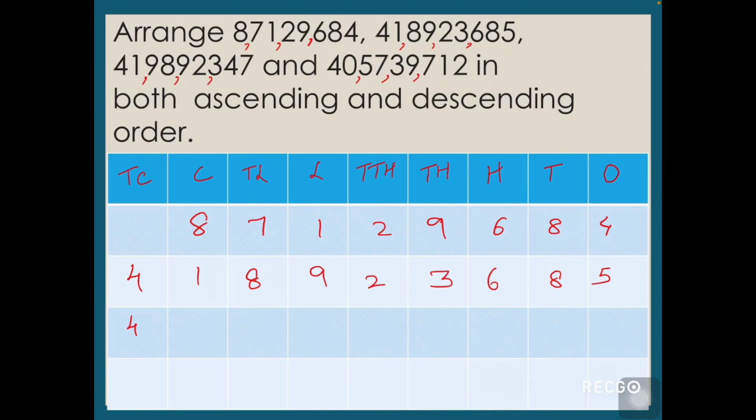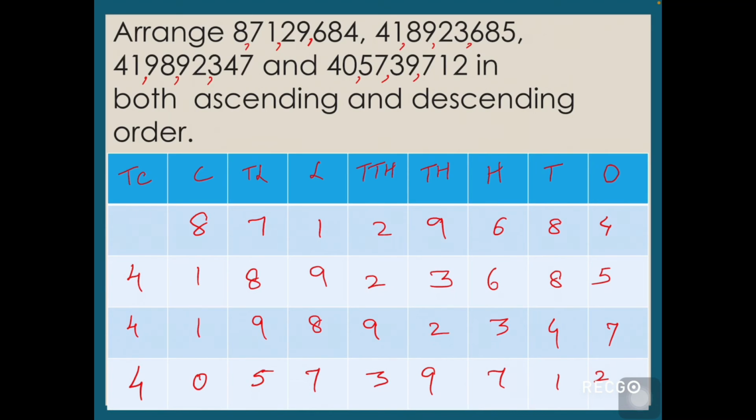The third number is 41 crore 98 lakh 92,347, and the last number is 40 crore 57 lakh 39,712.